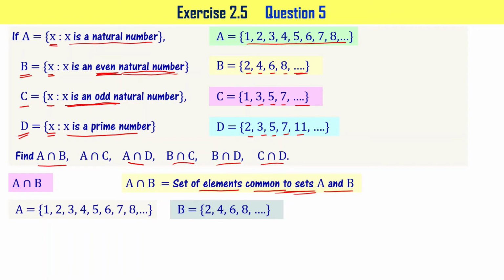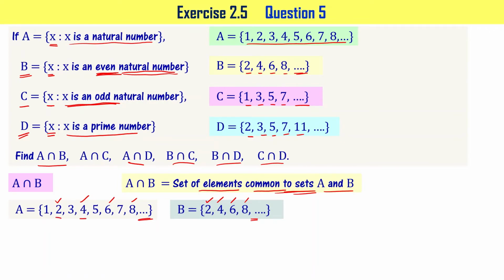As you see here, B has element 2, A is having 2. 4 is common to both, 6 is common to both, 8 is common to both. We have not written further, but then you can write them also. For example, if you write 9 and 10 here, here you will have 10. So 10 is going to be there in the A intersection B. Now, let's write the elements which are common to both.